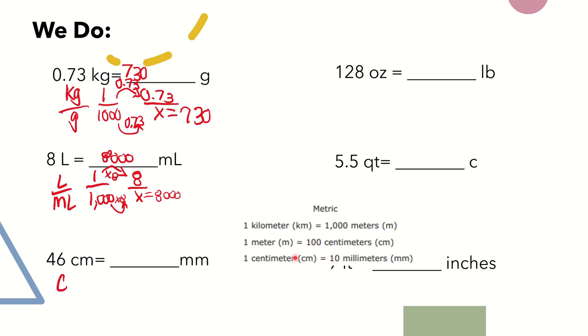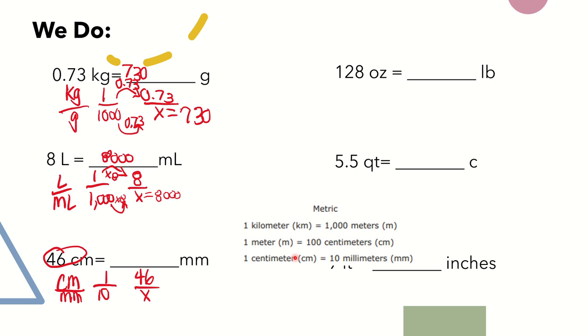Centimeters to millimeters. We know that 1 centimeter is equal to 10 millimeters. And we're trying to figure out how much would be in 46 centimeters. So since we're talking about centimeters at the top, that number would go at the top. And X means it's an unknown number that I'm trying to solve.